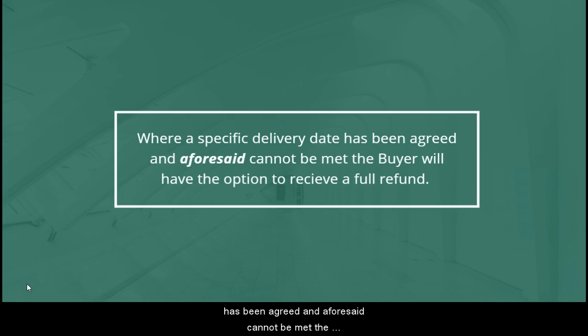Where a specific delivery date has been agreed and aforesaid cannot be met, the buyer will have the option to receive a full refund. So, what aforesaid here is referring to is the delivery date, and it says that if the delivery date cannot be met, the buyer has the option to receive a full refund.